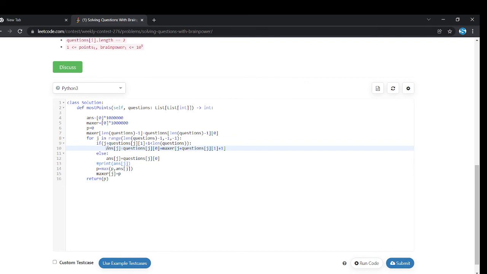And then we are storing the result here, and in else condition, suppose if this fails, then we can directly take that question as itself, and whatever points we will get after solving that will be our answer. Okay.